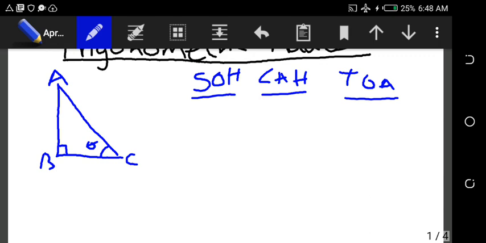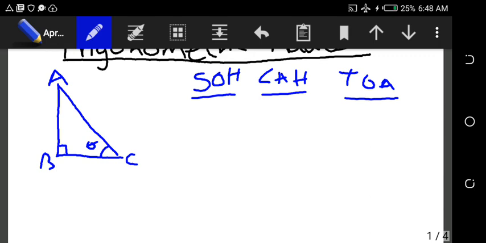It is now left for us to understand how those sides can be gotten for any given triangle. Now, considering the diagram that we have, we have our theta located here.